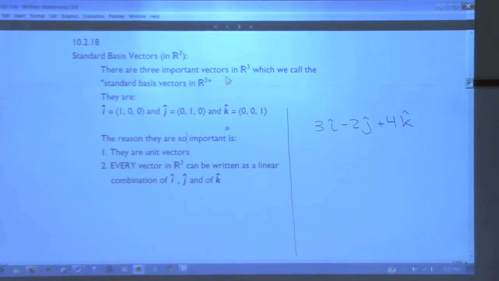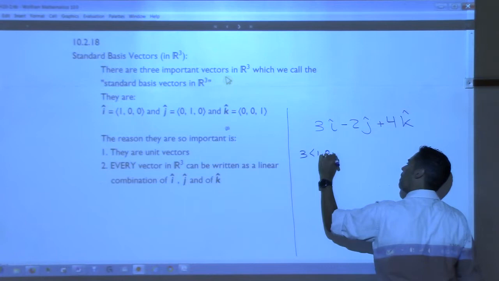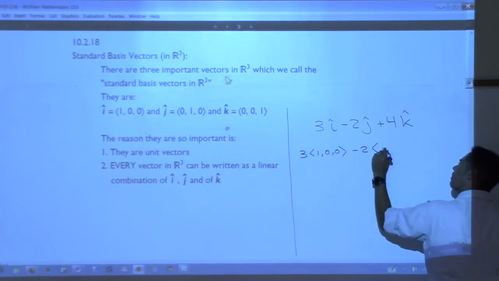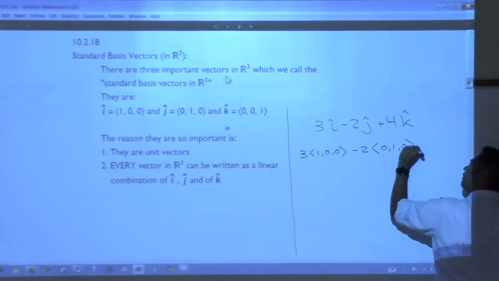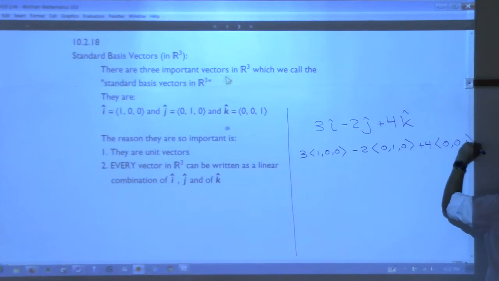The way I'm going to write this is I would look at that as being i hat, j hat, k hat. Okay, so there's your ijk.